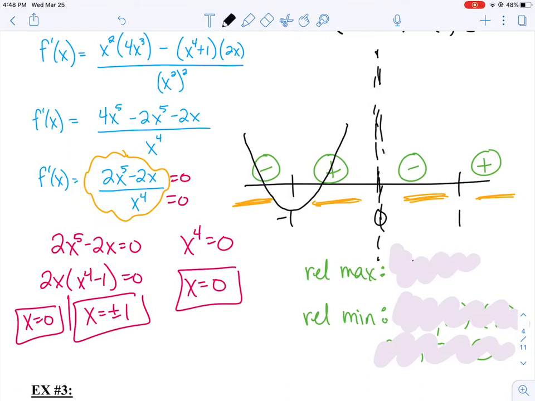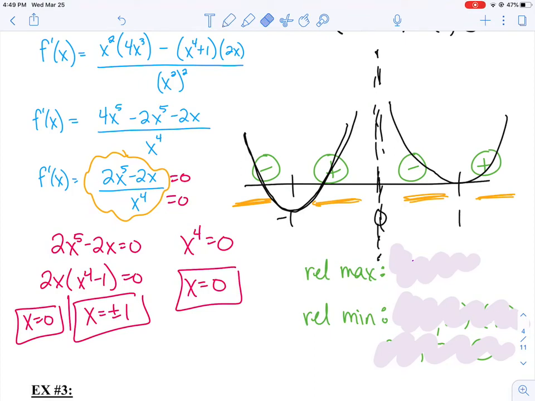So what you should probably do is put a little symbol on your sign chart to represent that that's a vertical asymptote. You wouldn't want to draw your picture where it increases and then decreases and say that this is a relative maximum, because it's not, right? There's an asymptote there. There is no value there. And so it looks like my function decreases and then increases, hits a vertical asymptote, and then it decreases and then increases again, okay?